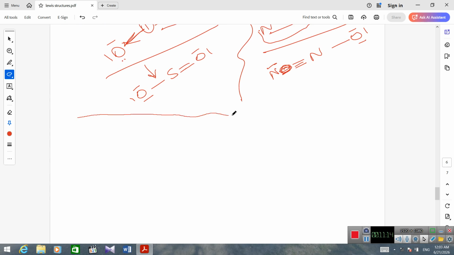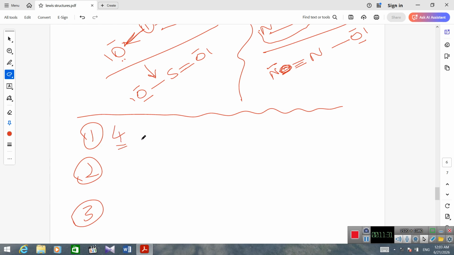In this session we had three main points. I want to refer to 4 different types of covalent bond: single, double, triple and coordinate covalent bond.